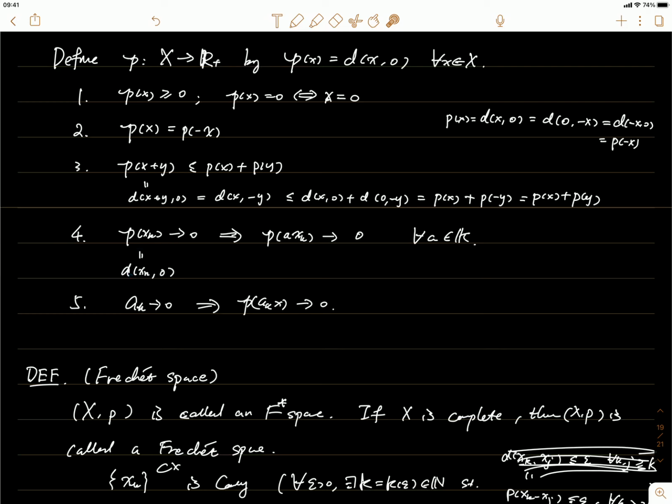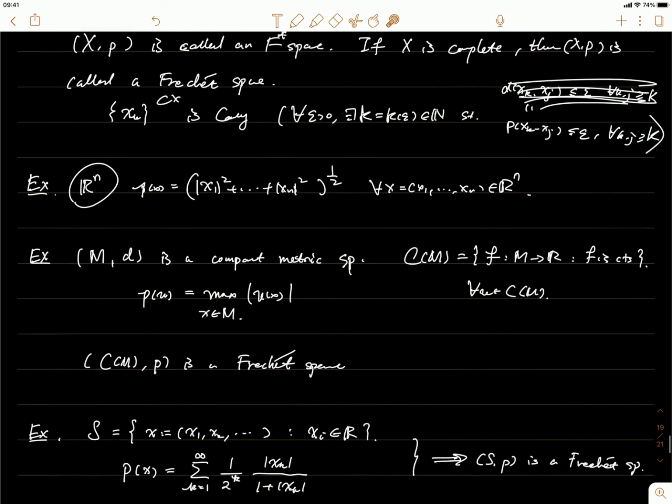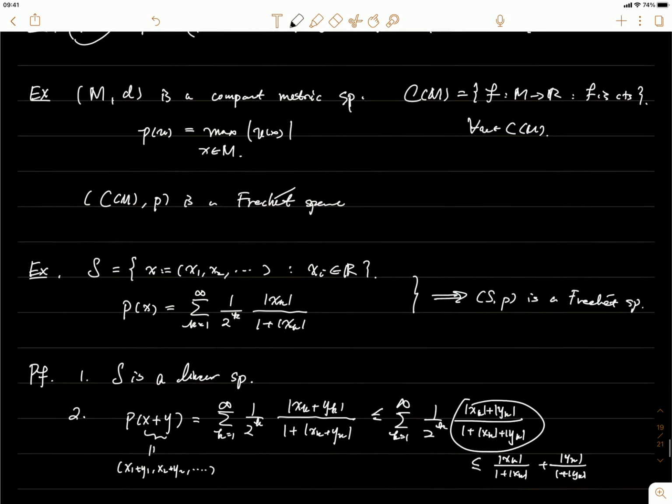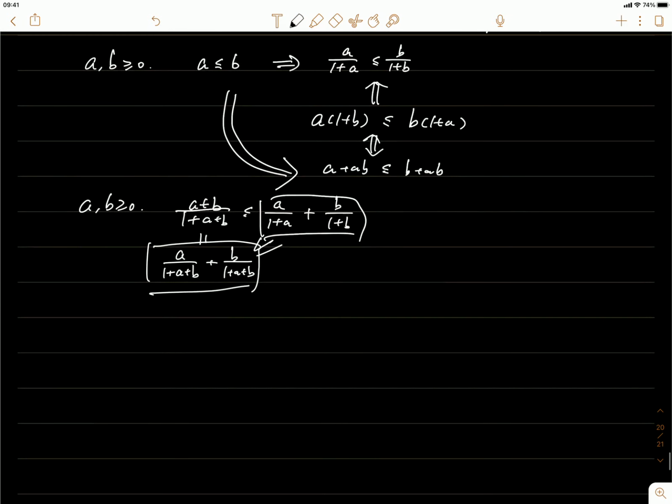If xk goes to 0, then a xk goes to 0. Okay, so suppose p of xn, I will not use k because I need a sequence xn.